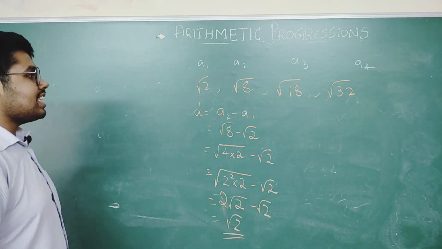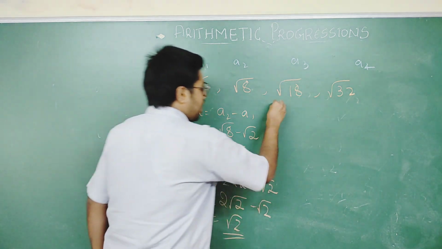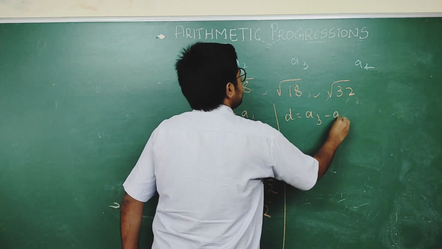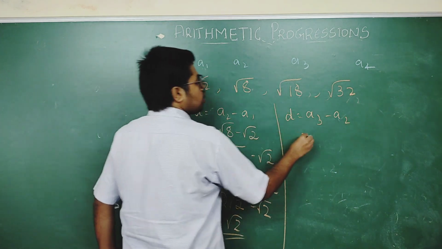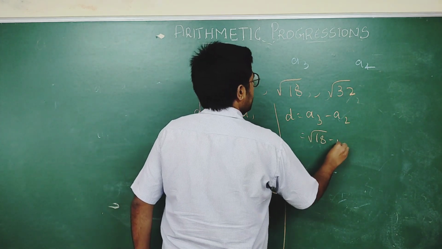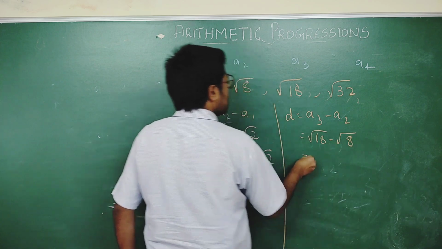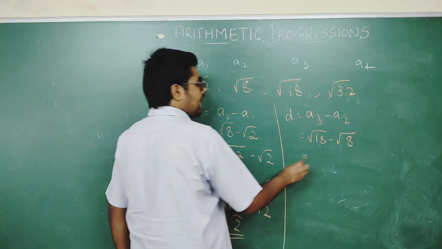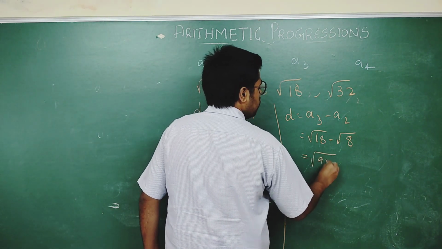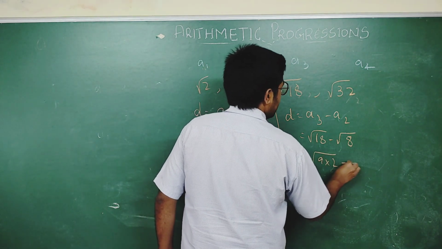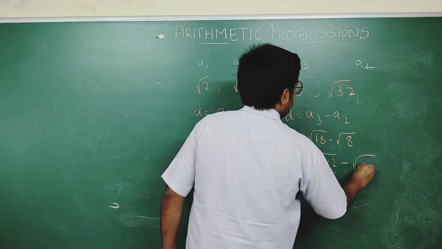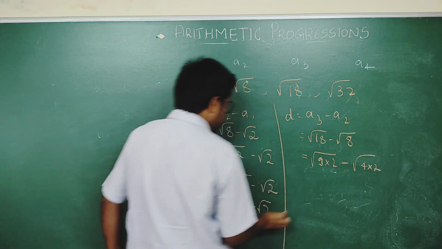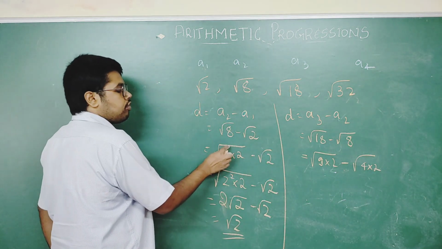Now let us see the next one. Let me solve one more. D is equal to A3 minus A2. So what is root 18 minus root 8? How to solve this again? Again you need to break it down. Can I write 18 like this, 9 into 2? Yes, and I just learnt I can write root 8 as root of 4 into 2. Here also I can directly do it.